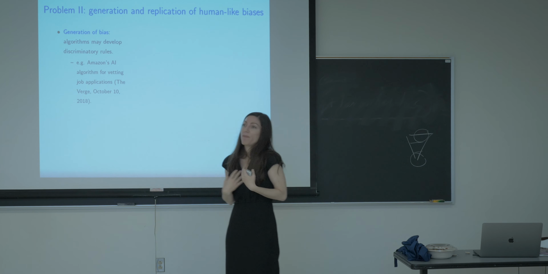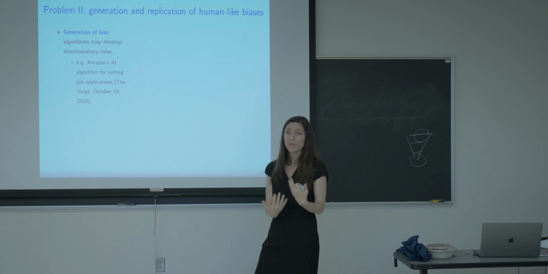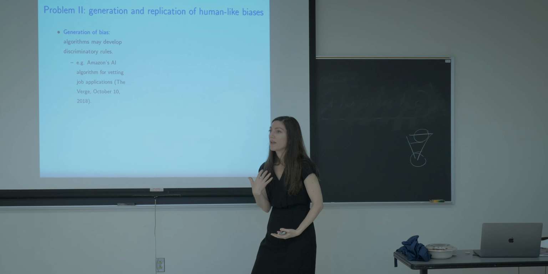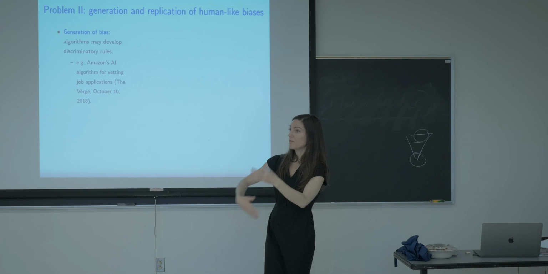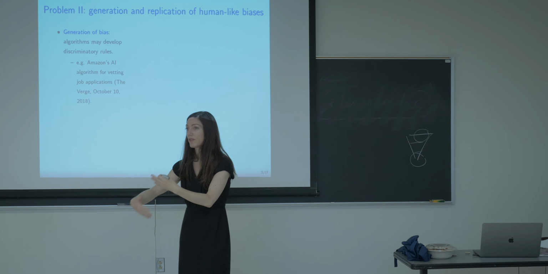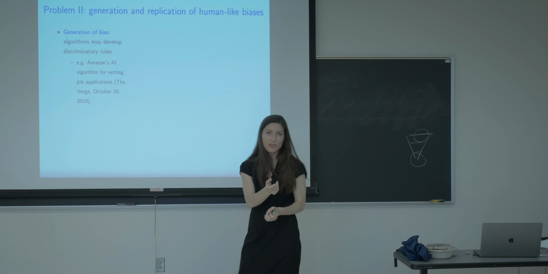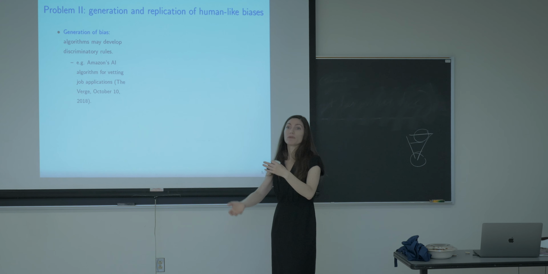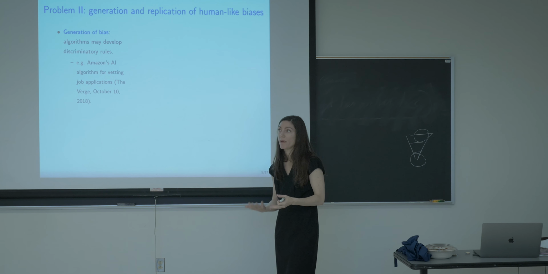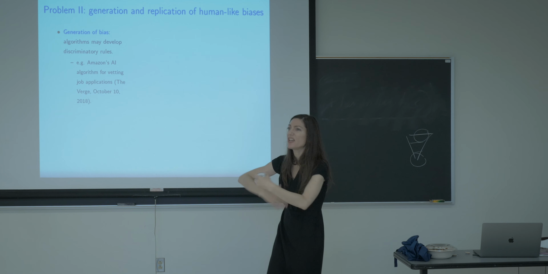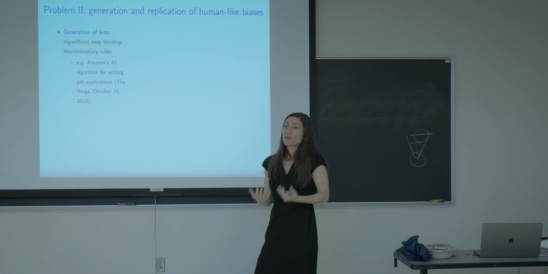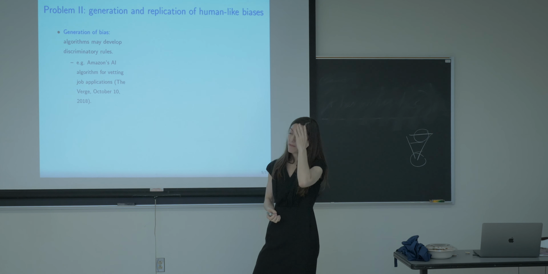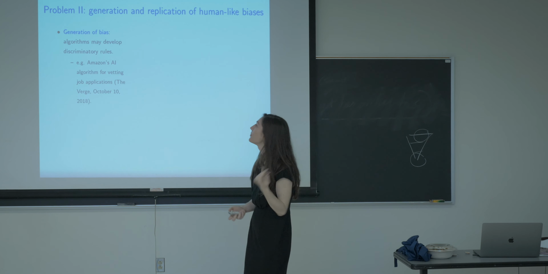So the person who wrote the algorithm might have been unable, or not aware at all at the very beginning, that the algorithm would end up behaving in a certain way toward some groups. So many times we don't see these biases until all of these algorithms have been implemented. Many times these algorithms end up generating bias that maybe was not foreseen from the very beginning by the person who wrote the algorithm.